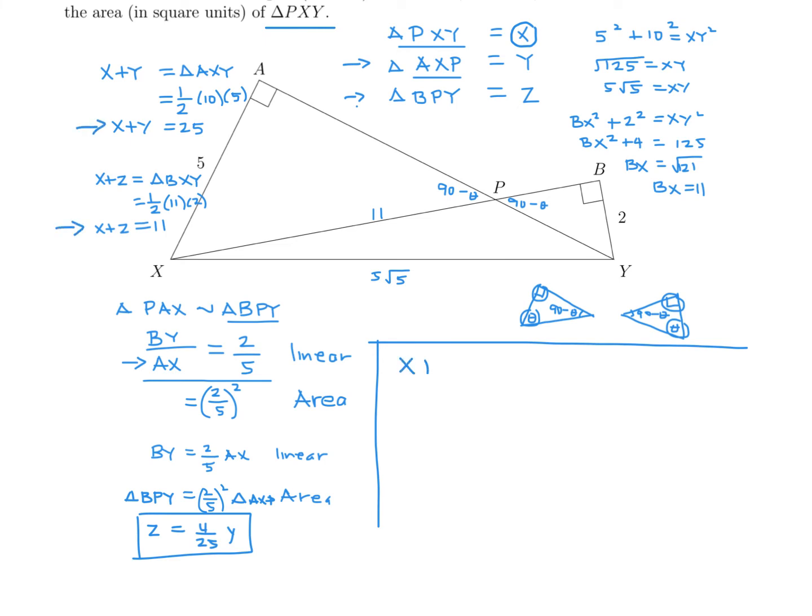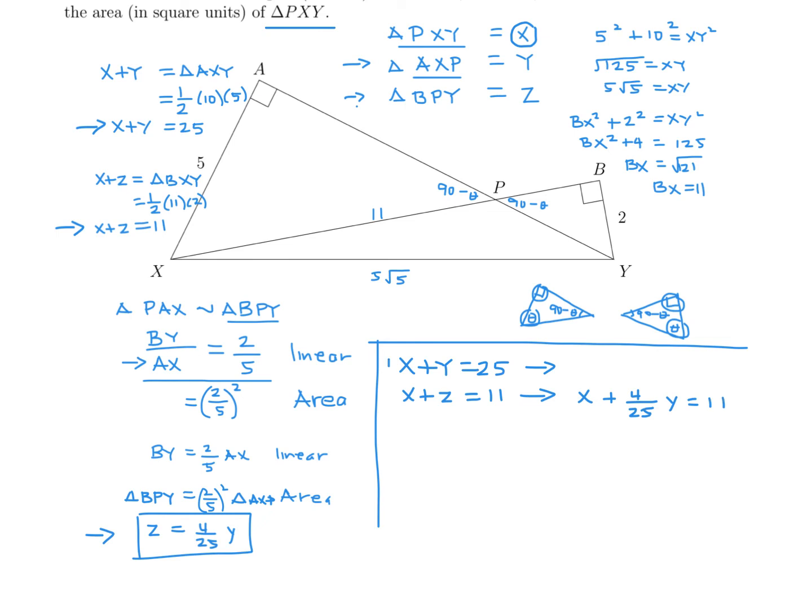So that means x plus y, which is 25, and x plus z, which is 11, we can solve this, because we know that Z is equal to 4/25 times Y. So let's substitute that into here. X plus Z, which is 4/25 Y, is equal to 11.